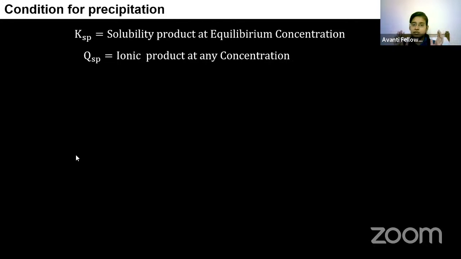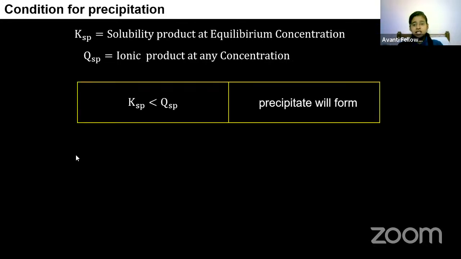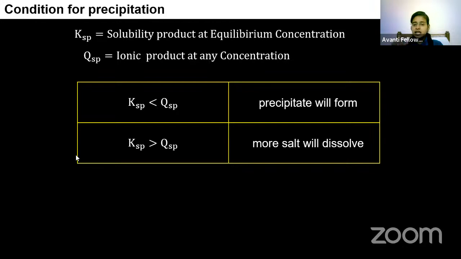when a precipitate will form and when it will not form. Okay. So, first of all, the first condition is if Qsp is greater than Ksp, precipitate will form. If Ksp is greater than Qsp, more salt will dissolve and the precipitate cannot form that easily.